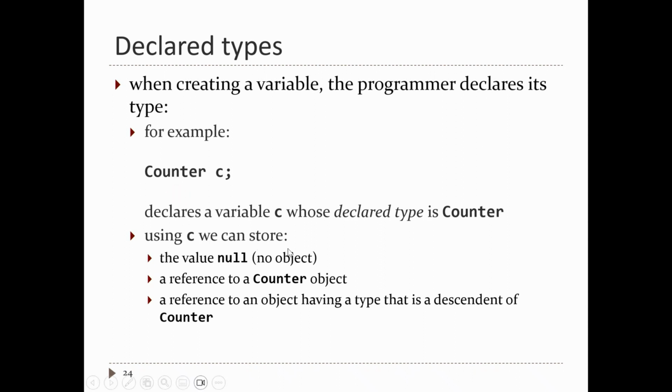So when you use c, you can store a reference to a Counter object in c. So c equals new Counter. I can store a reference to an object having a type that is a descendant of Counter. So c equals new StoppingCounter. Or I can store null, indicating that there's no object referred to by c. So c equals null.